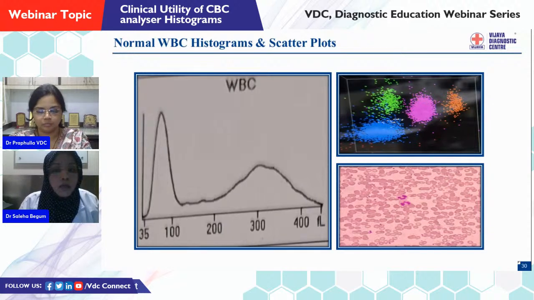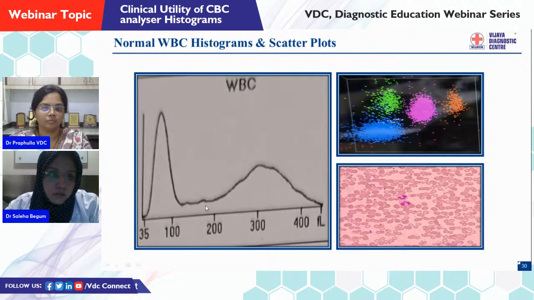This is a normal WBC histogram and scatter plot. Let us interpret this. This graph is showing two curves and a slight middle bulge. This extreme left curve is giving us information about the small cell, which we have seen. It is nothing but lymphocyte, and the mid cell data between 100 to 200, and then the neutrophils. That is exactly getting correlated with the scatter plot. The lymphocyte population is giving us the left peak.